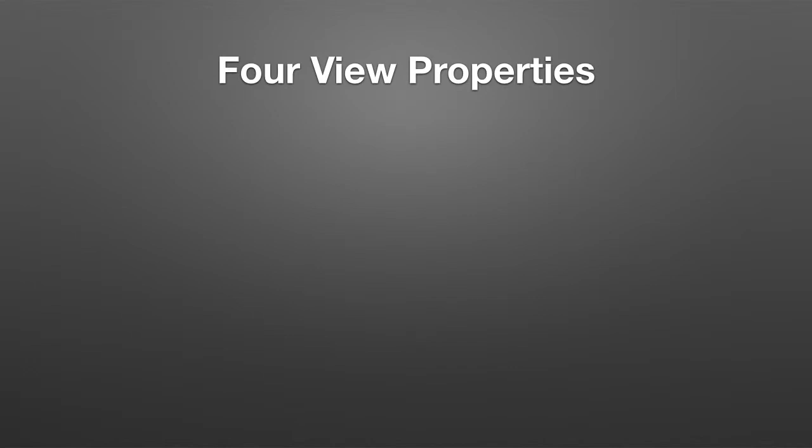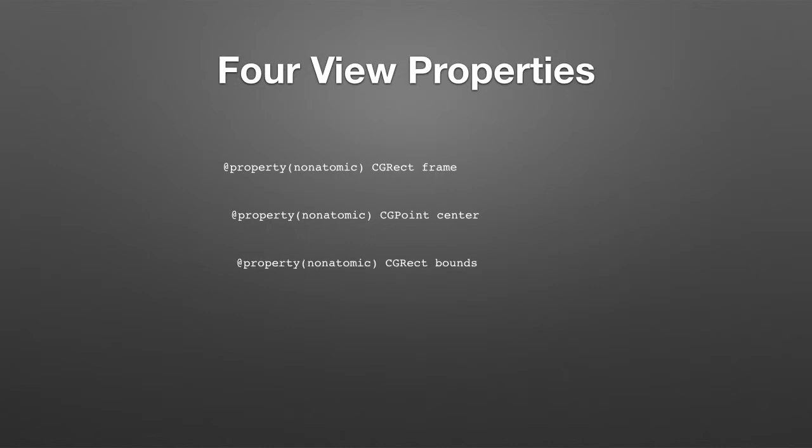Views have properties, and it's no surprise that there's a frame property. We did use a frame to create the view. There's also a center, which is the location of the center point of the rectangle. And there's the notion of a bounds. Now, it is a rectangle, but it turns out the position is always 0,0. It's the size that's the key thing: how big is it?